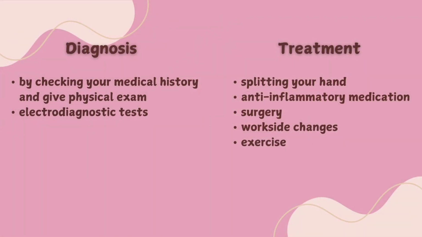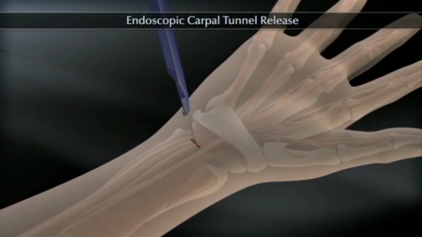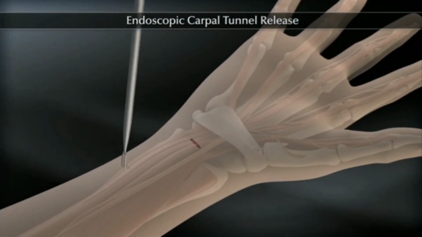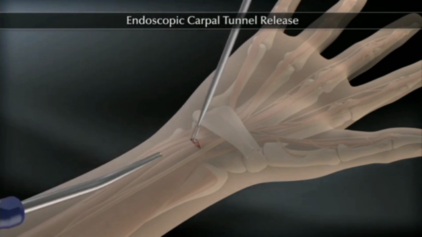The treatment for carpal tunnel syndrome is splinting your hand, anti-inflammatory medication, surgery, worksite changes, and exercise. This is an example of surgery that can be performed for carpal tunnel syndrome.